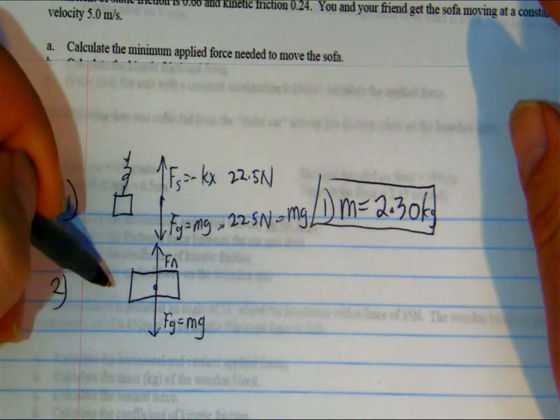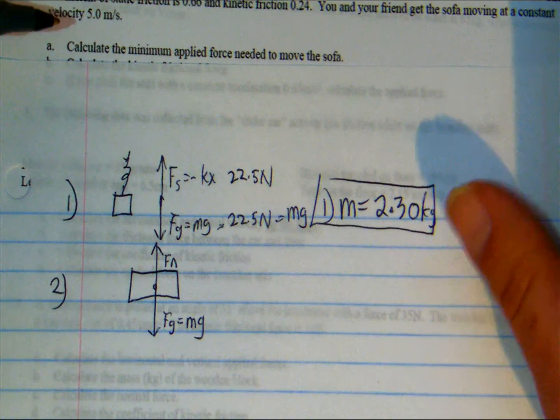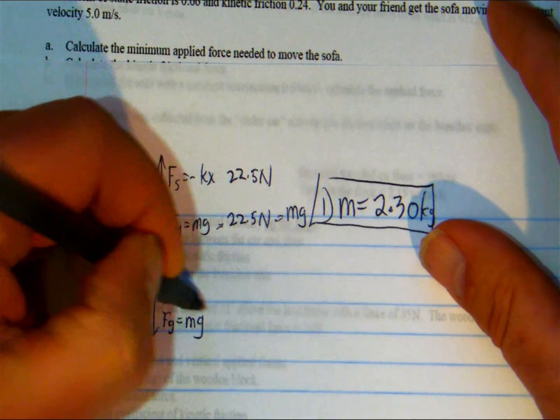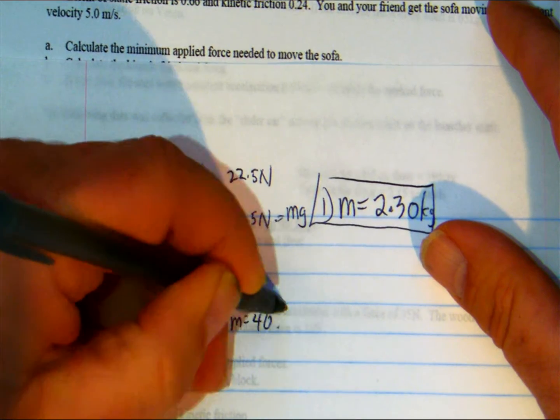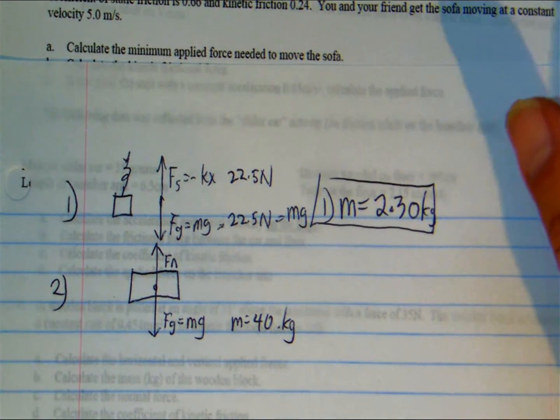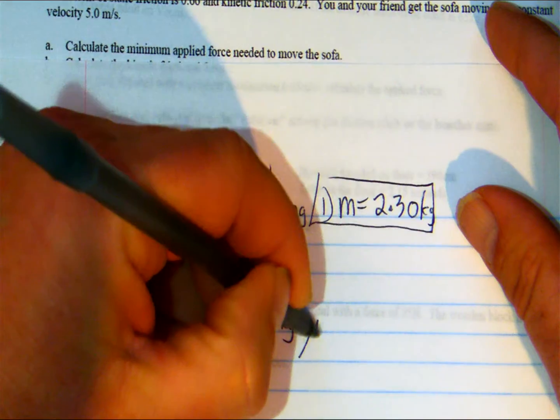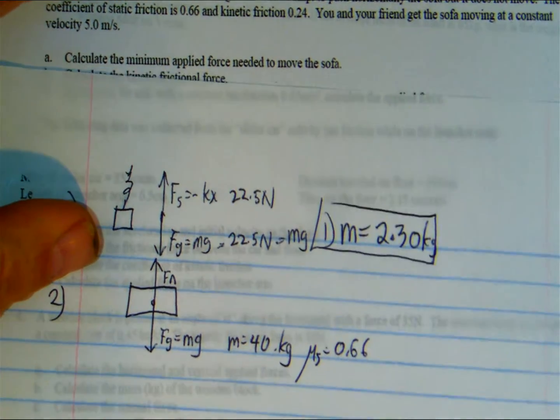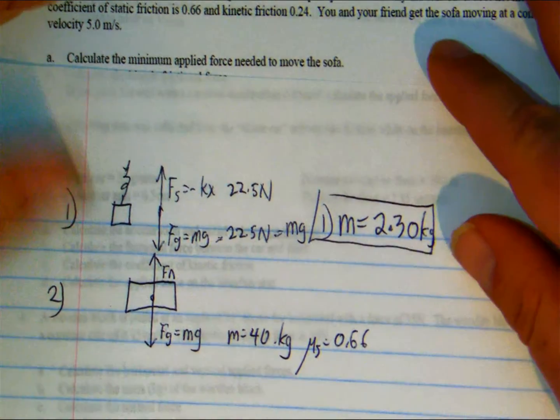By convention, the direction of motion is taken to be to the right unless stated otherwise. We know that the mass is 40 kilograms. The coefficient of static friction is 0.66. And that's what we need to answer part A. The question is, what is the minimum applied force to move the sofa?